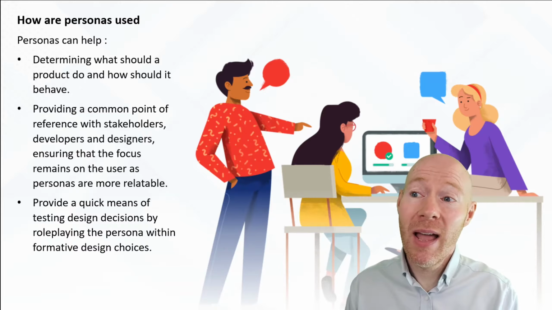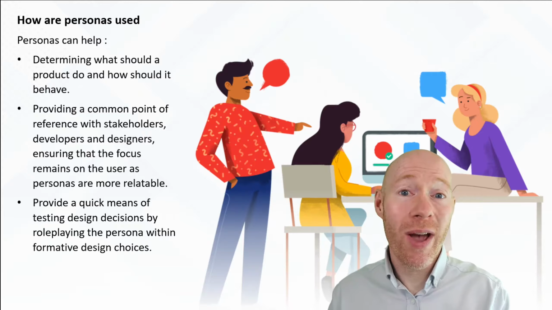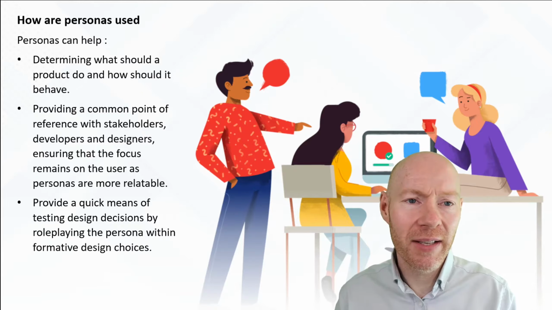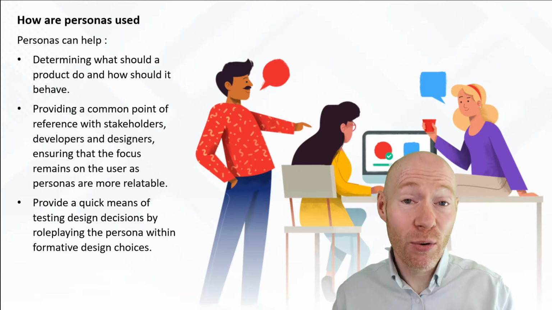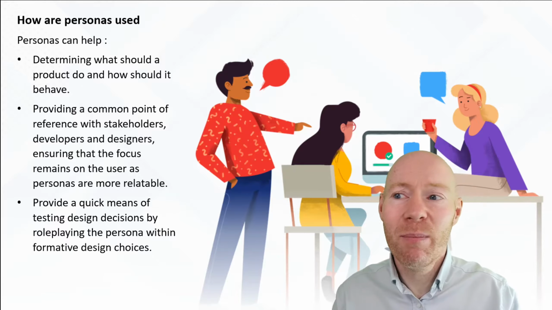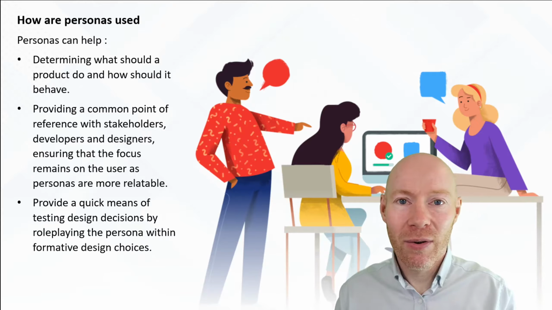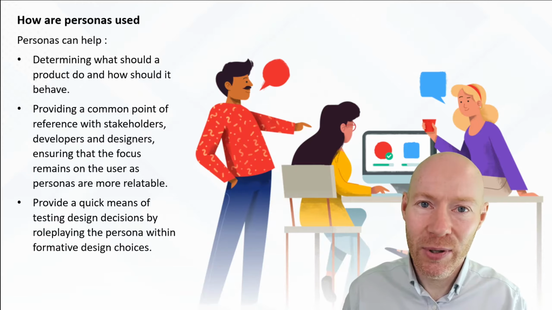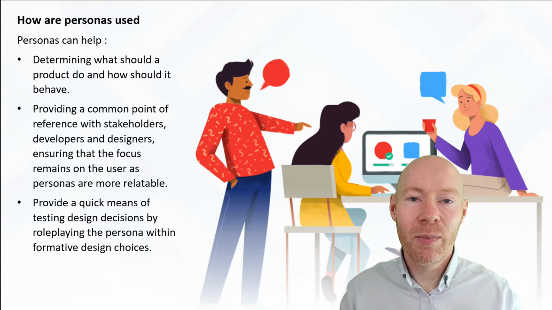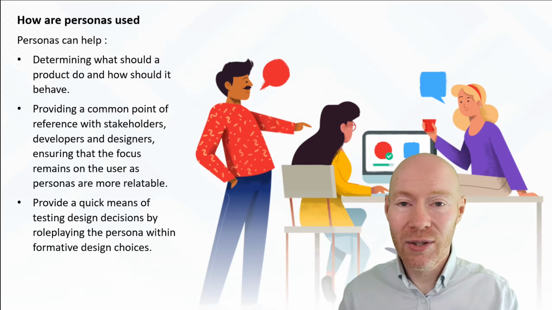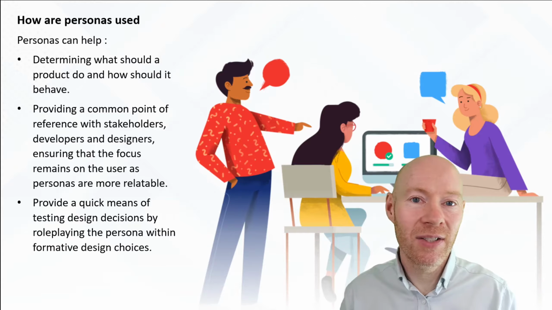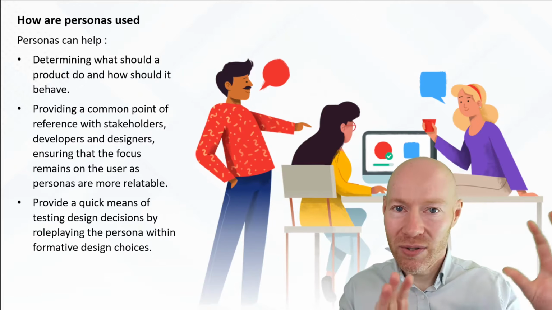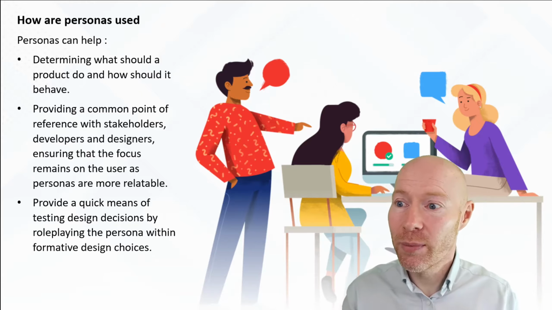So how do we use personas? Whenever we have them, we can ask questions of them. We can take a persona and say, based on that, how would this abstract person behave? We can use them when we are talking to stakeholders or developers or designers to communicate why certain decisions are made, to say for this particular persona we've done things in this way because this is going to be better for them.